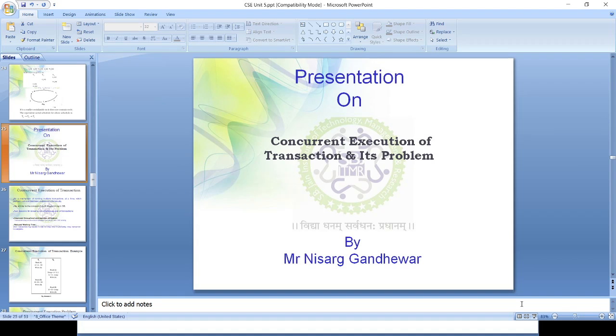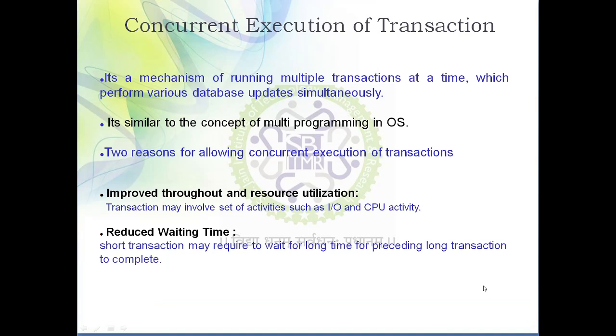Transaction T1 has to run for 1 hour, so for 1 hour transaction T2 has to wait, though it requires only 1 minute of work. In that case you face a lot of issues, so we require concurrent execution of transactions, which helps us reduce the waiting time.